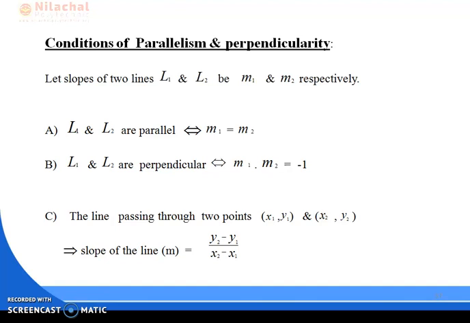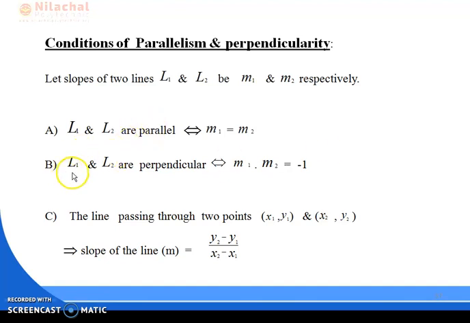If L1 and L2 are parallel, then if and only if m1 equals m2. In words, if two lines are parallel, then the slopes of the two lines must be the same. Or if the slopes of two lines are equal, then the lines must be parallel.